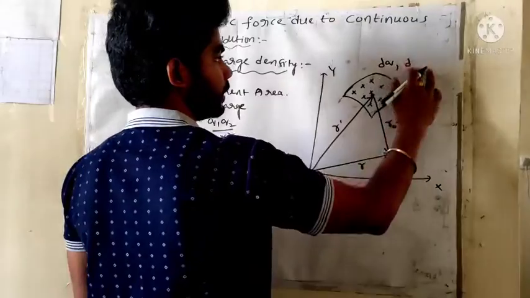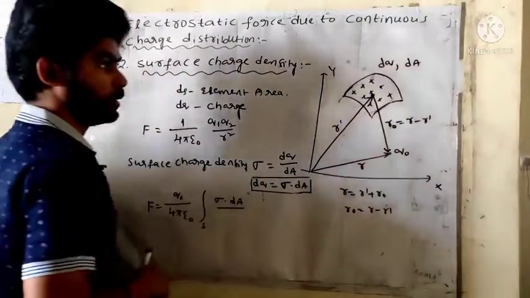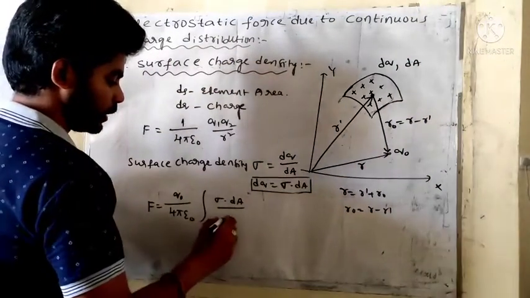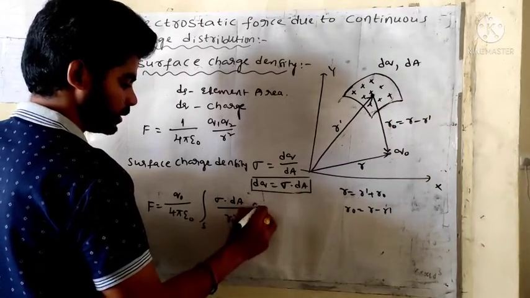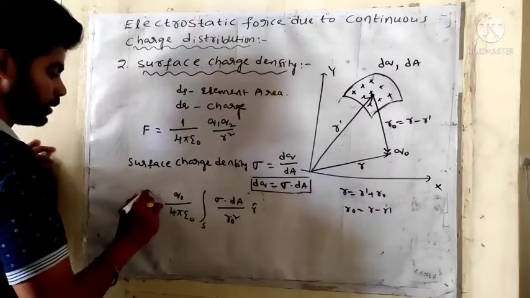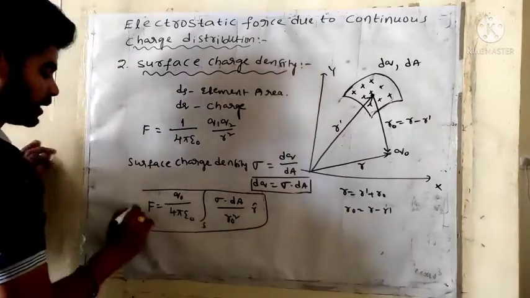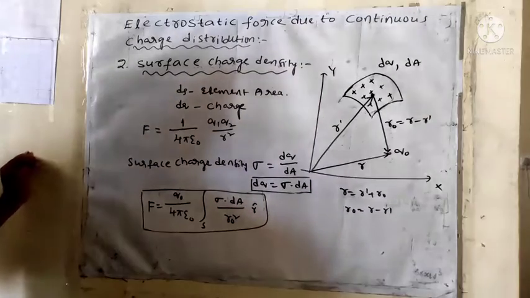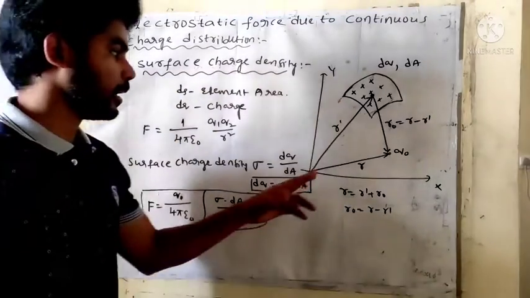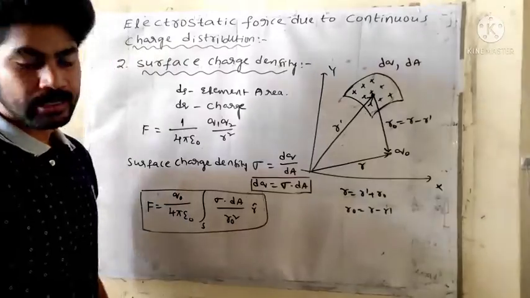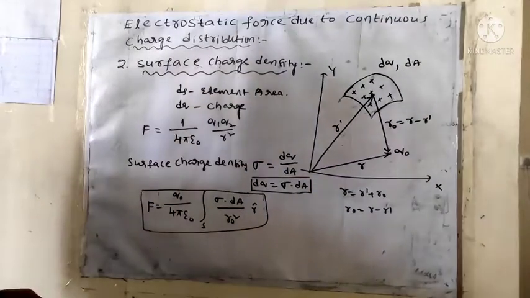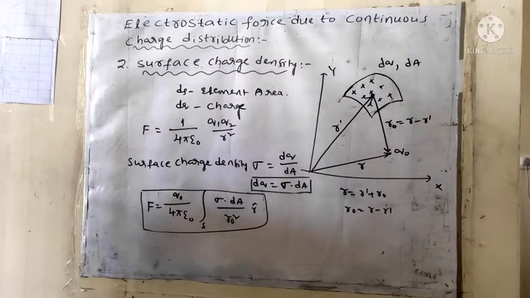This is the surface charge density formula. Again, r dash and r0 are the position vectors. Please take a screenshot. We are discussing the third one also.